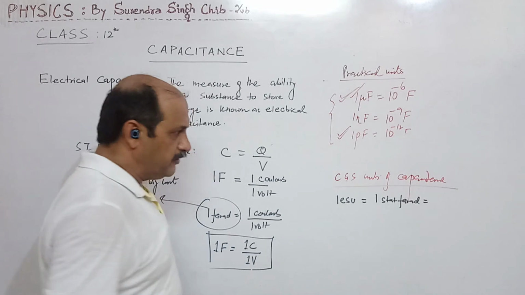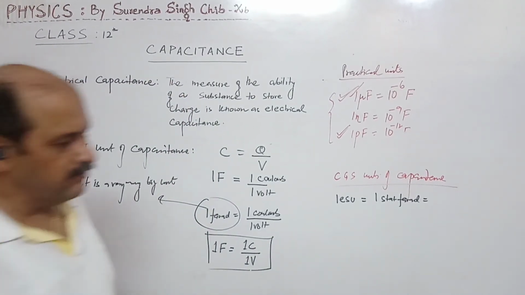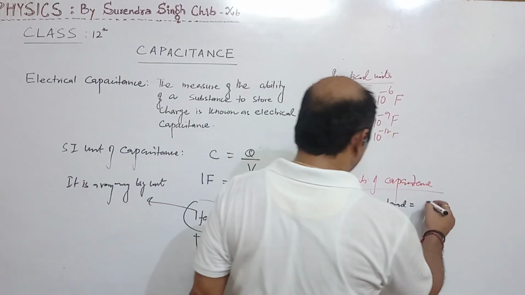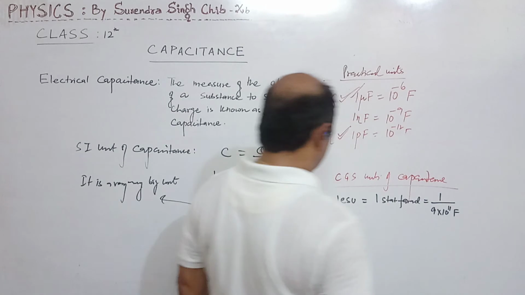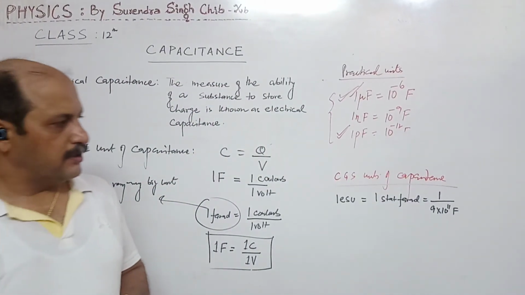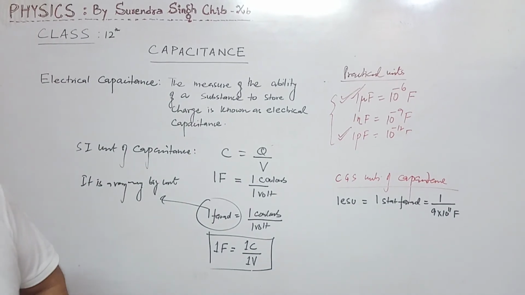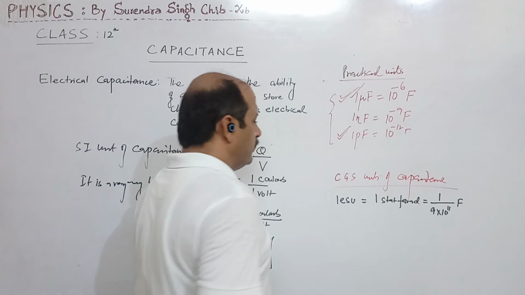If you solve it, you will find this is equals to 1 upon 9 into 10 raised to power 11 farad. This is electrostatic unit.